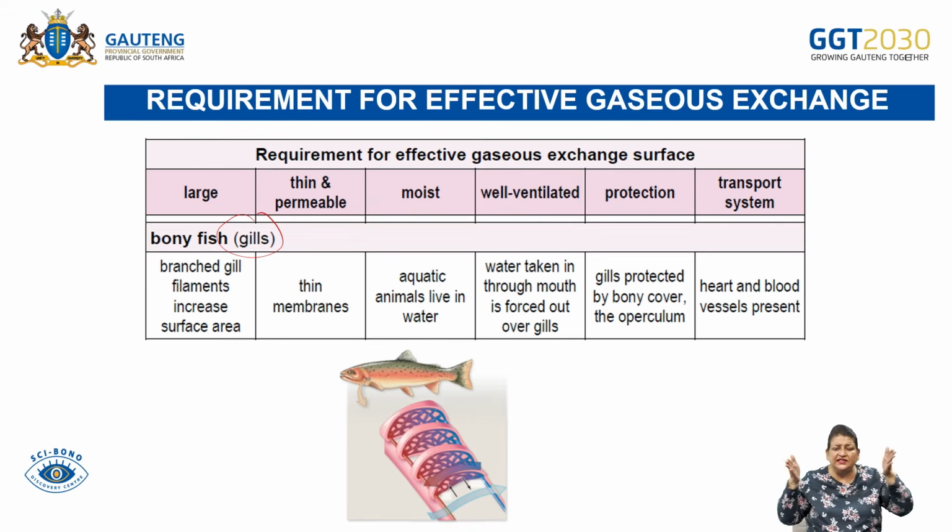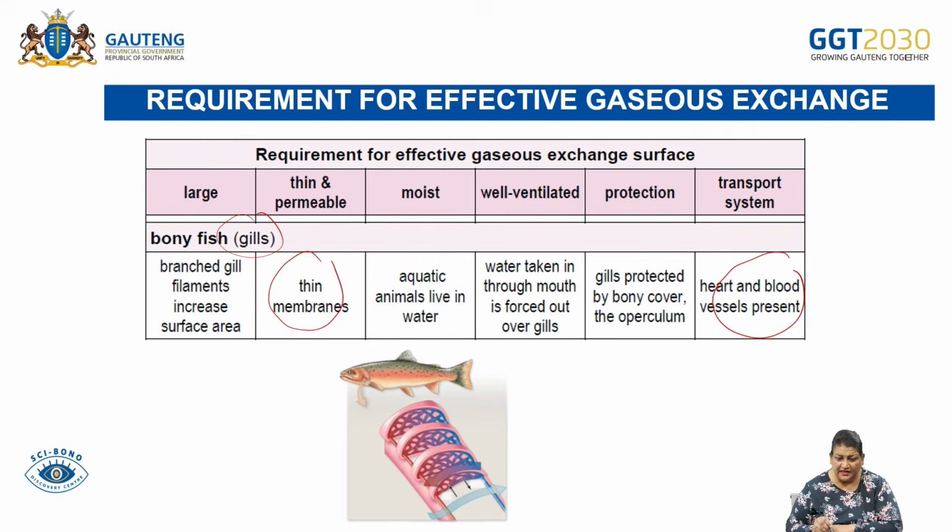You find the little slits on the sides of the fish called gills, and those slits are richly supplied with blood vessels, so that the dissolved oxygen in the water will enter by diffusion and go through into the blood vessel. So there's a transport system, and there are thin membranes. It has blood vessels present. The gills are protected by the bony cover.